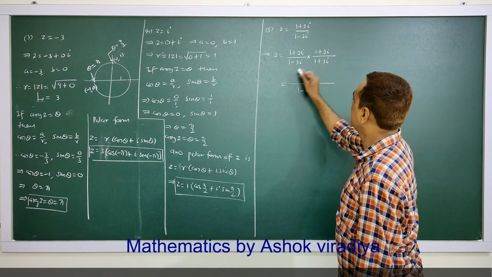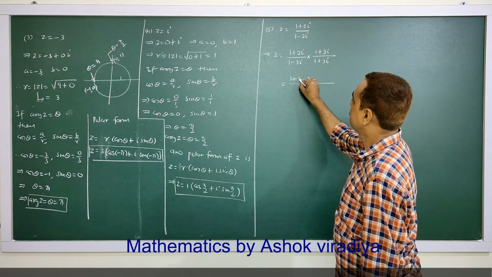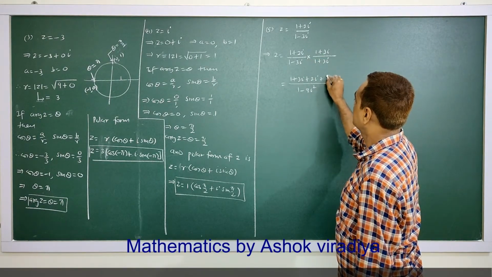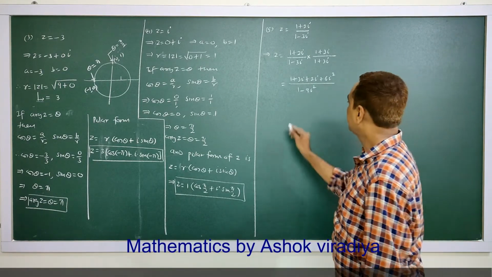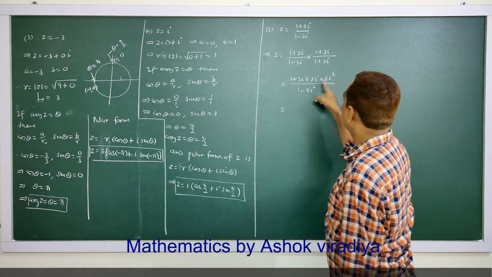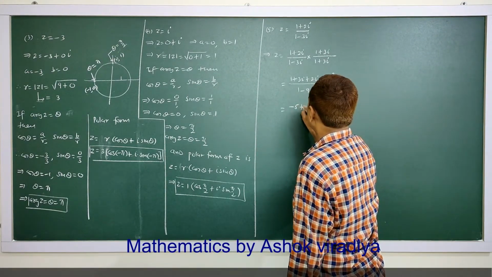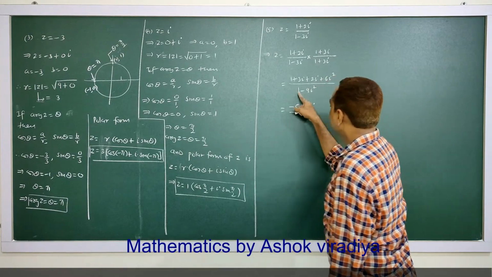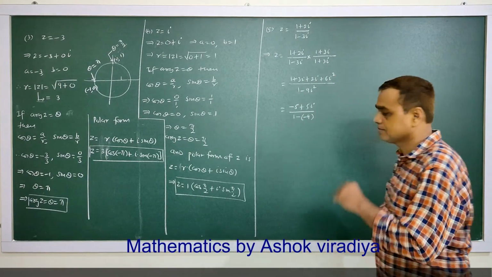The numerator will be 1 plus 3i plus 2i plus 6i square. That is 1, this is minus 6. 1 minus 6 is minus 5 plus 5i.